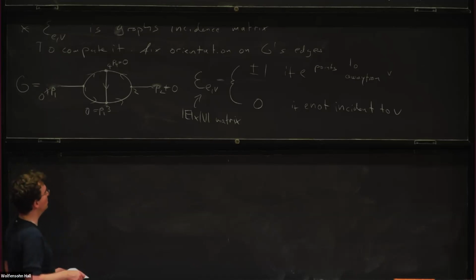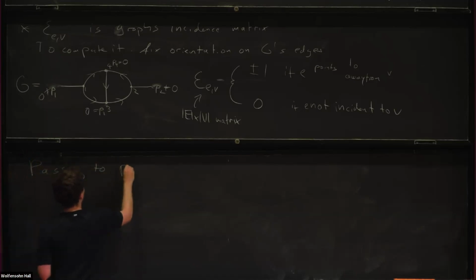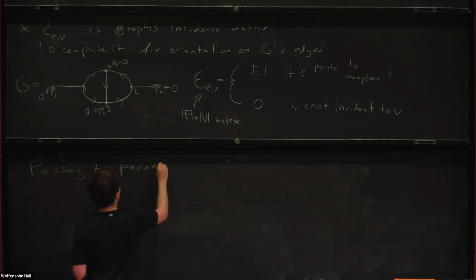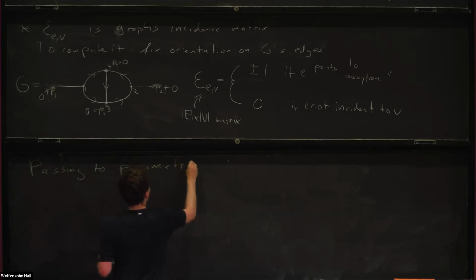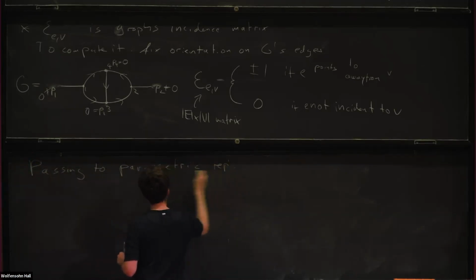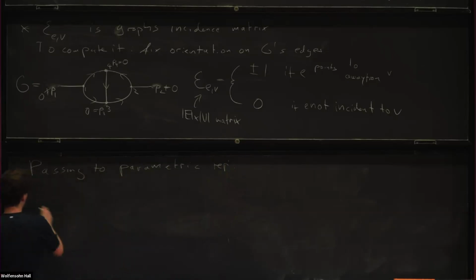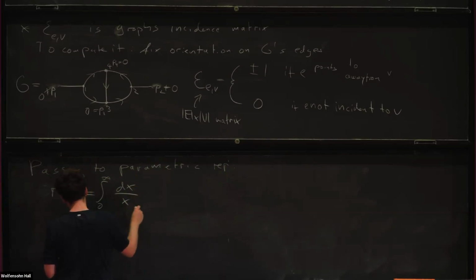And to do this, we only need to know two integrals. So this is passing to parametric representation. So we need to know the integral for the gamma function. And this is this famous Schwinger trick.